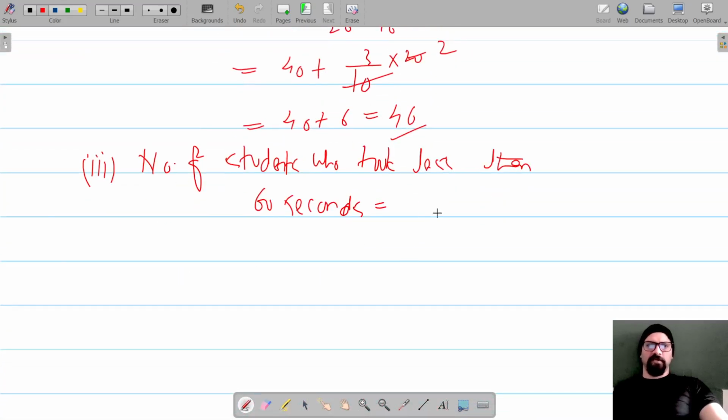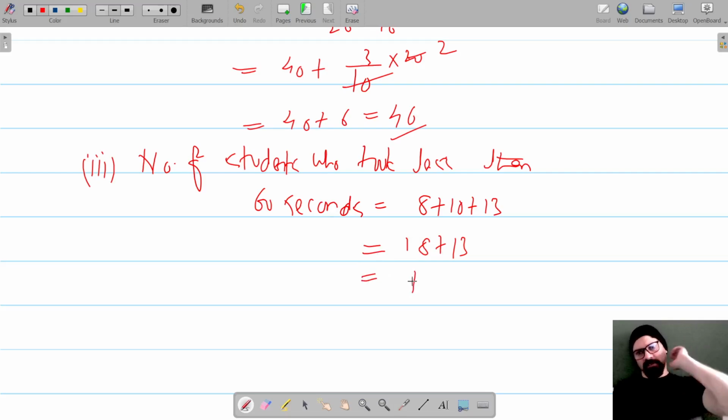So this is 8 plus 10 plus 13. So 18 plus 13 is equal to 31. So the number of students who took less than 60 seconds are 31 students.